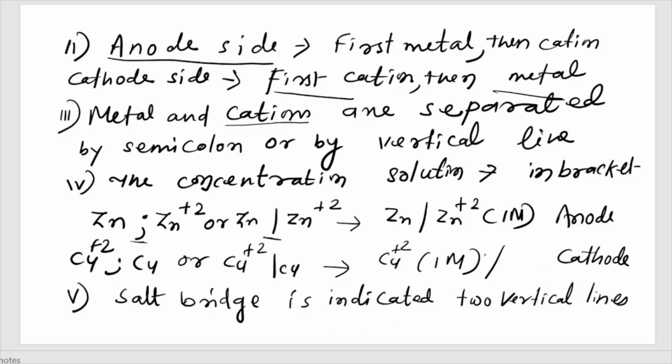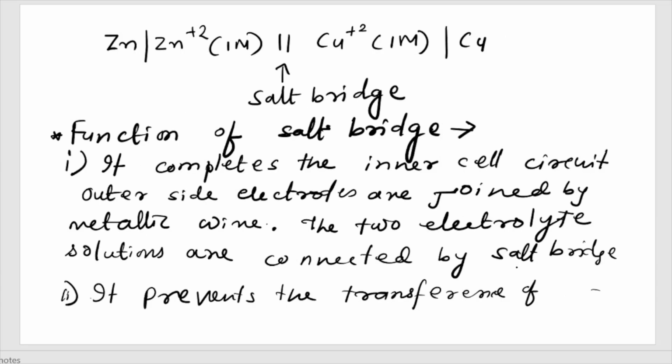So what is the conclusion? Conclusion is, you will put the anode, for example the zinc side, and the cathode, for example the copper side. Zinc as anode, copper as cathode. The salt bridge is indicated by a vertical line. If you put a vertical line, then it is the salt bridge. So how can I represent the total?